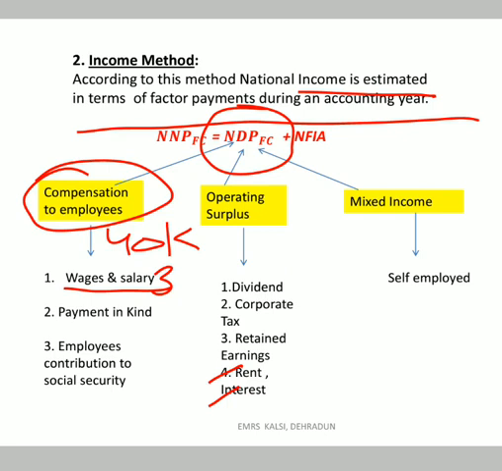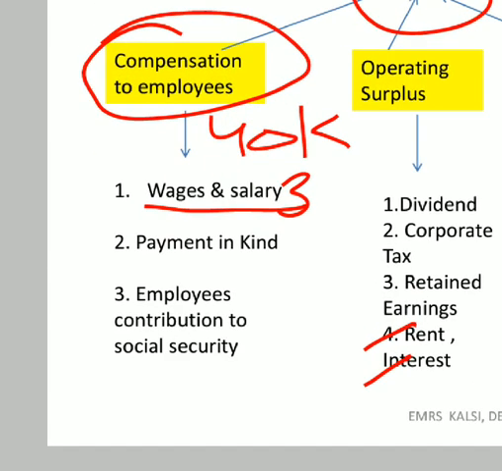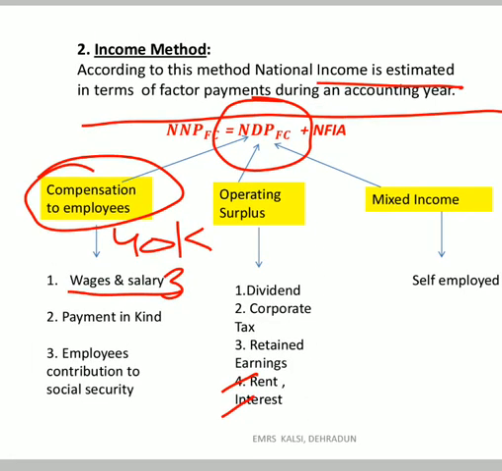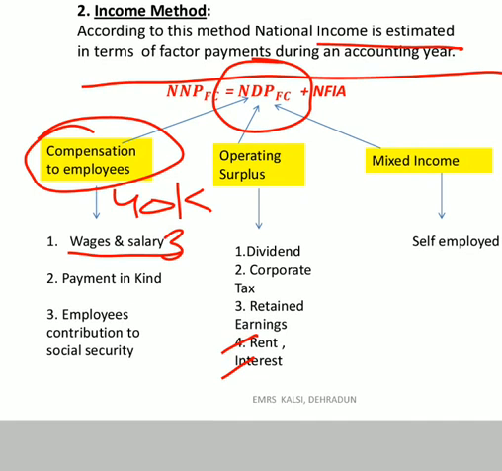First we will see compensation to employees. Suppose a person gets a salary of 40,000 rupees. This 40,000 rupees can be given in three forms. First is wages, in the form of cash.